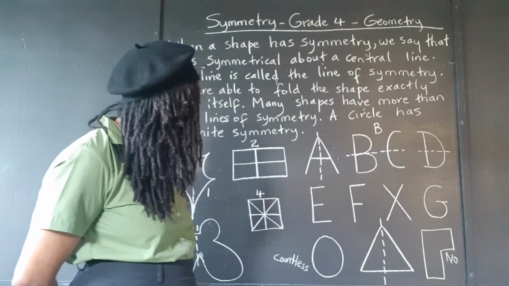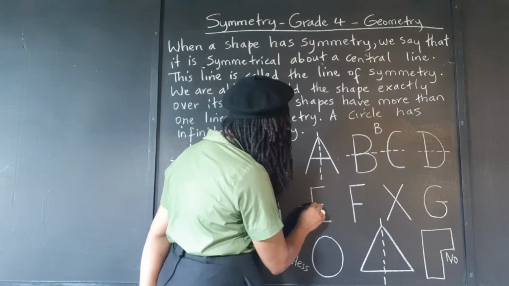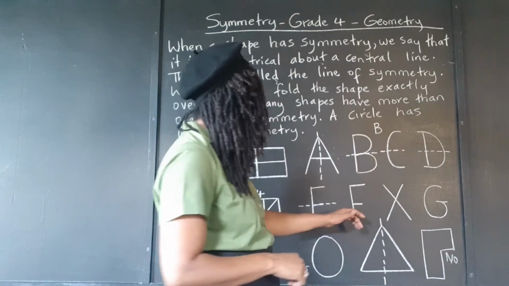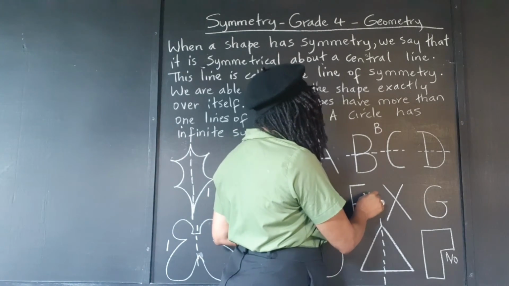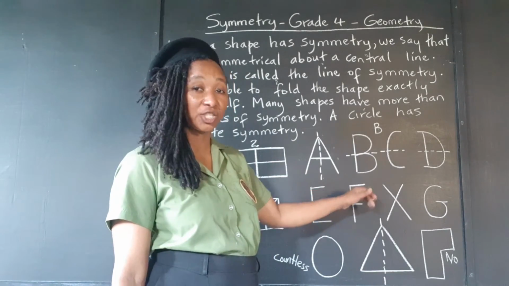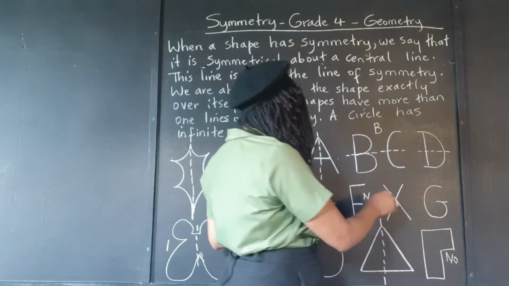How about the E, the capital E? I'm thinking if we go like this, it will be symmetrical. Definitely we can't do that for the F because of the way it's shaped, we can't cut it to make it fit over itself. The X, yes we can.